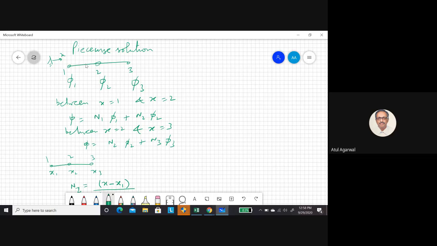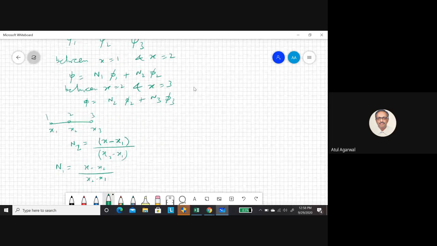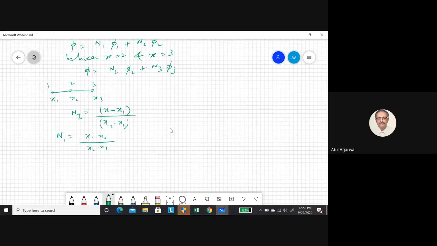Different derivative of phi in this element, different derivative of phi in this element. If the first derivative is discontinuous, the second derivative will have an infinite jump here. Okay, so we will see what is the meaning of all this.